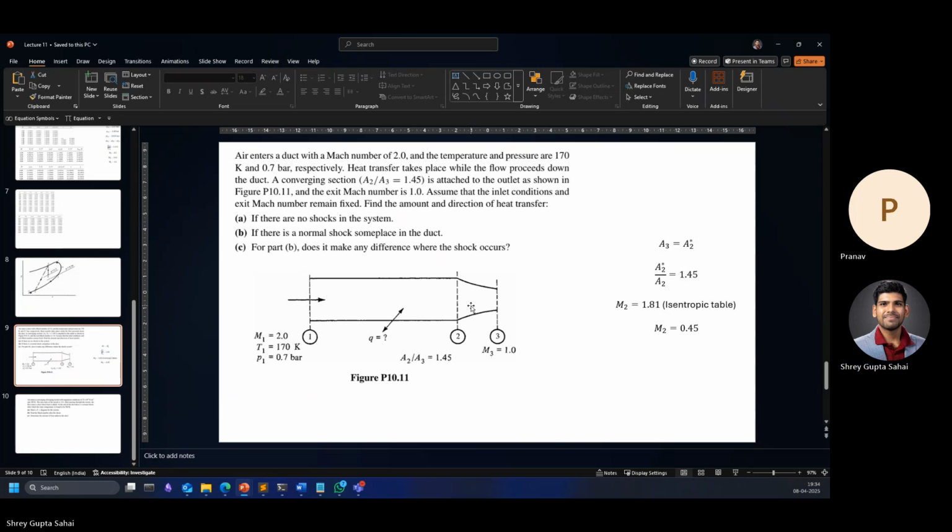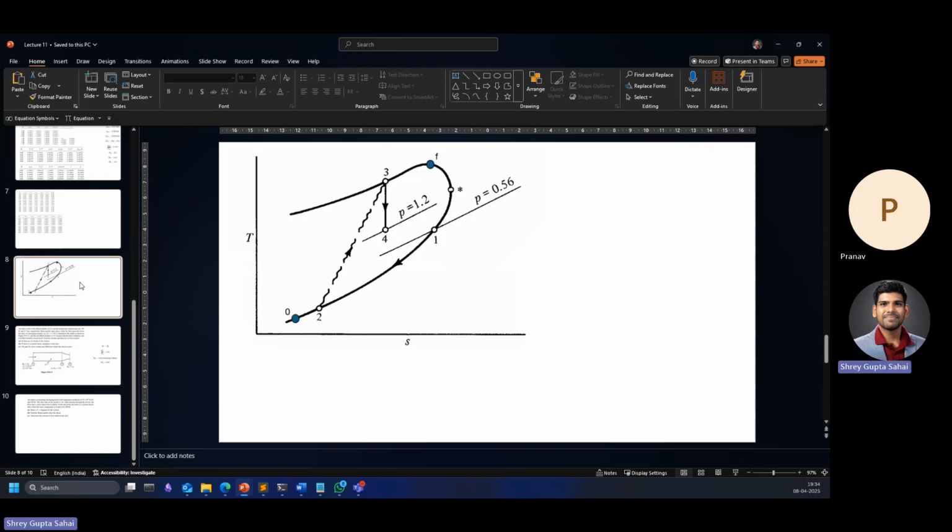So what is this? Well, it all depends on the total temperature values, isn't it? In this section, if I think about it, the amount of heat transfer.